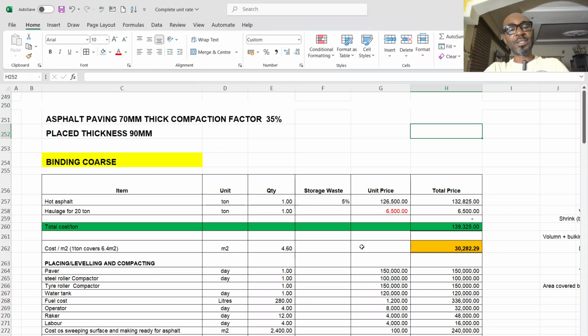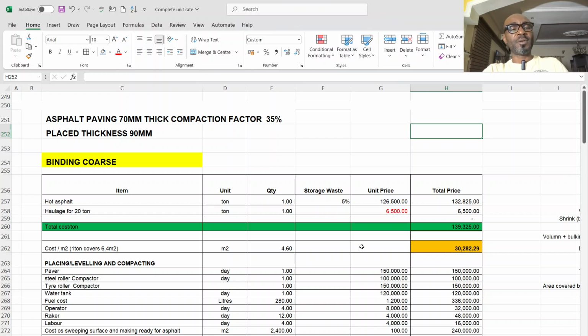I will always try to make sure that I feed us with information that will be helpful to the practice of quantity surveying at large.